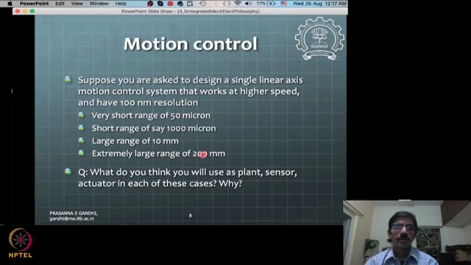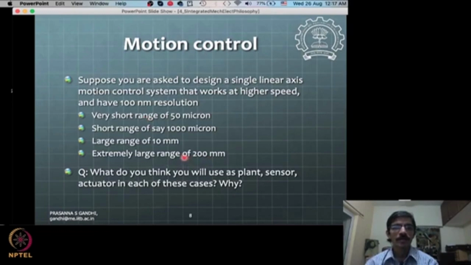So one can say, okay, look, I go for a large range belt drive or some such system, and will I get 100 nanometer resolution? Oh no, that is not possible, right? So you cannot just do this.